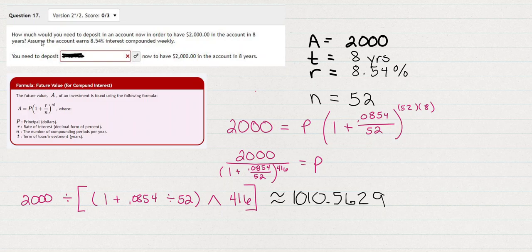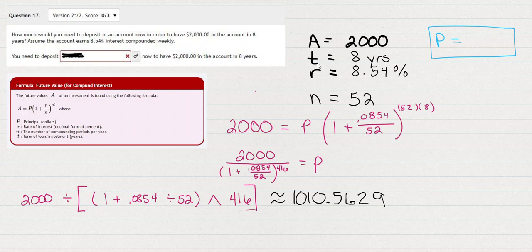So we have, how much would you need to deposit. That means I need to find how much to invest, the principal, or P. In order to have $2,000, that means that the amount, or the future value of the account, is $2,000.